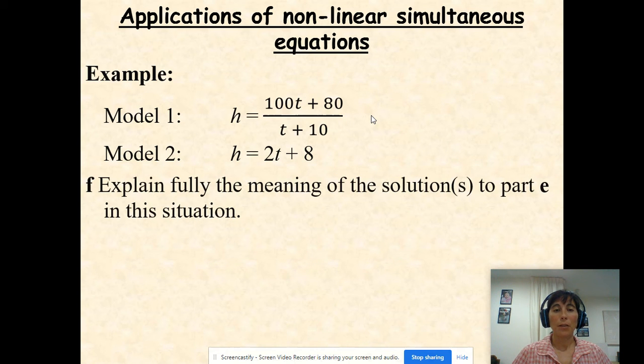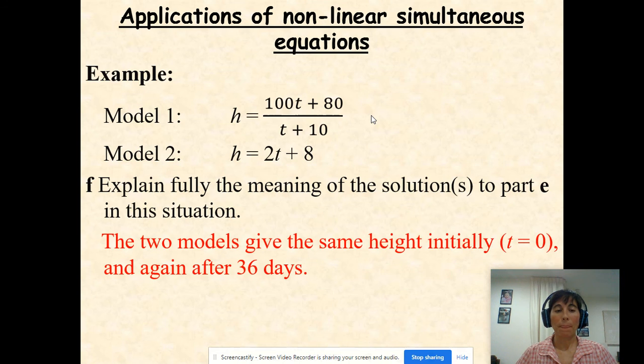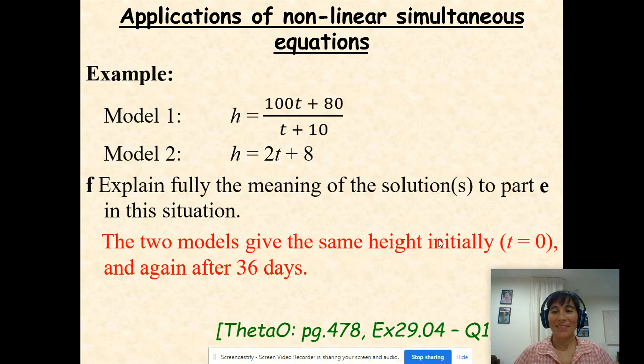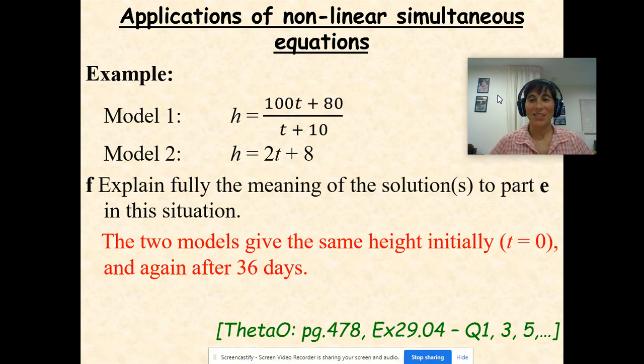F. Explain fully the meaning of the solutions to part E in this situation. Well, the two models gave the same height initially, so when t was equal to 0 days, and again after 36 days.